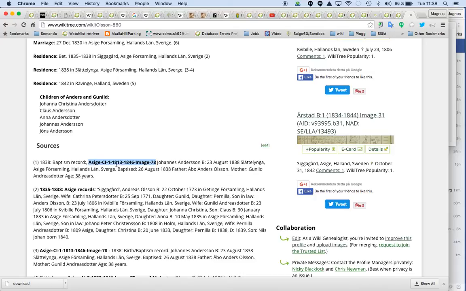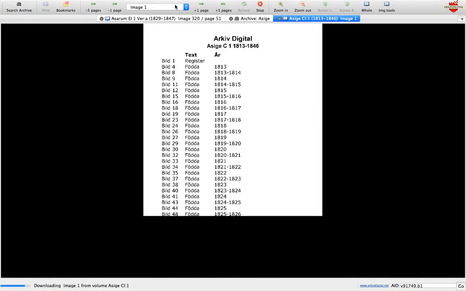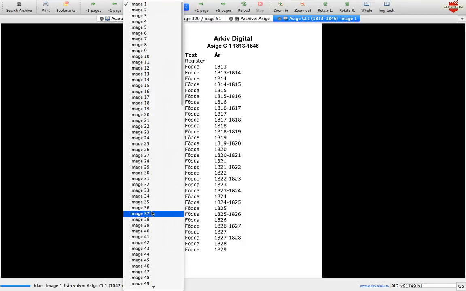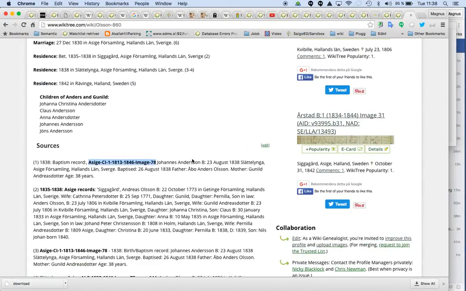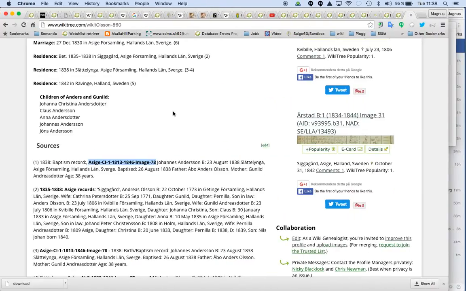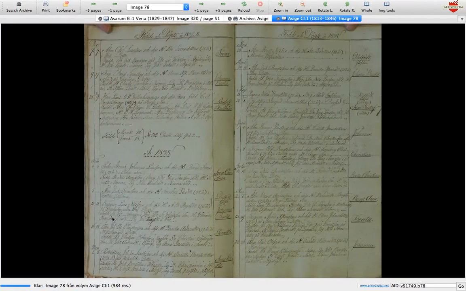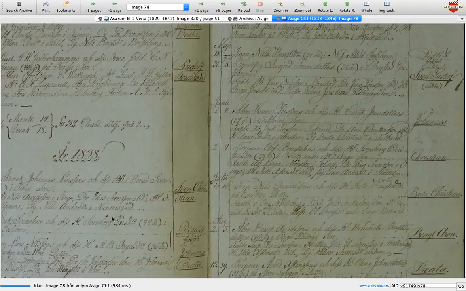And you say it's image, which is half good, because the image is dependent on, it's not in the books. 78. And he was born 23rd July. June, July.